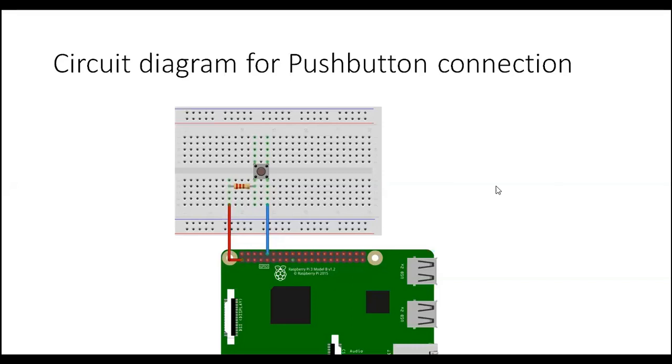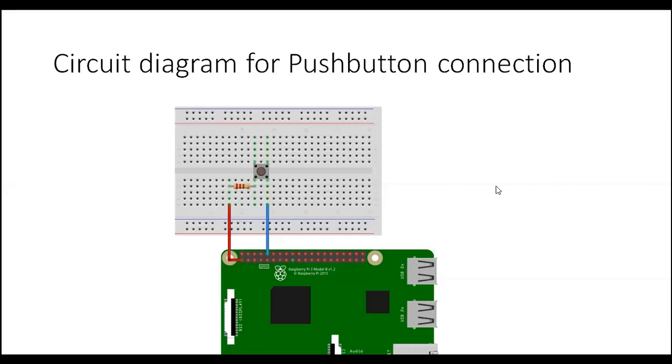For this we have two types of push button status: pull up and pull down. For that we have a function called GPIO setup. In this GPIO setup function, we have to set the pull up down parameter to either pull up or pull down.